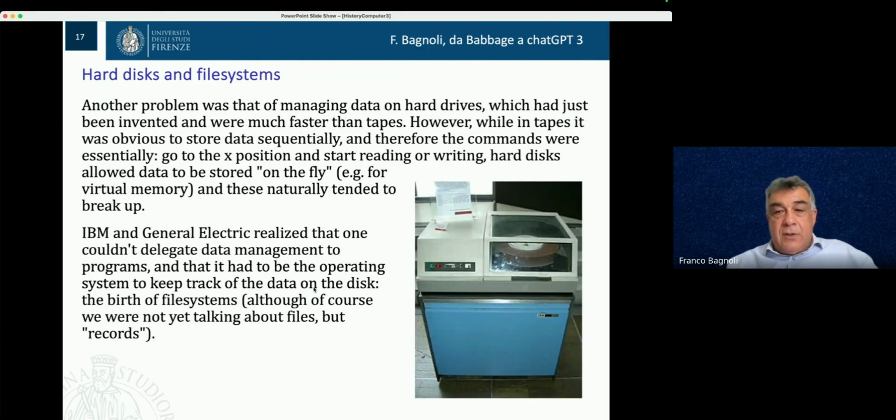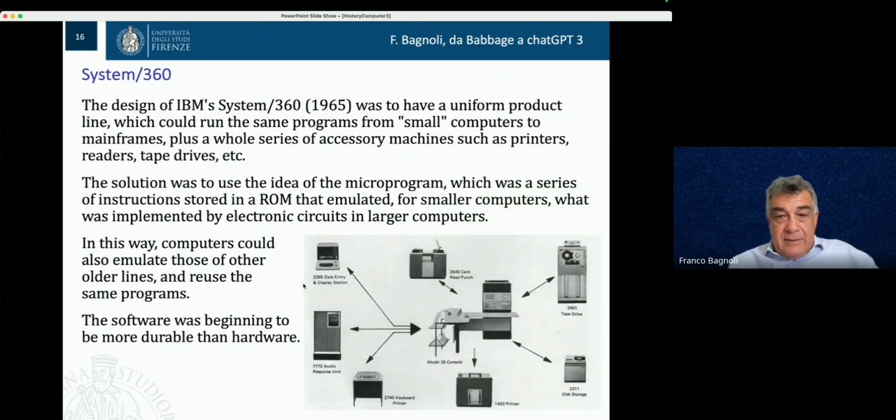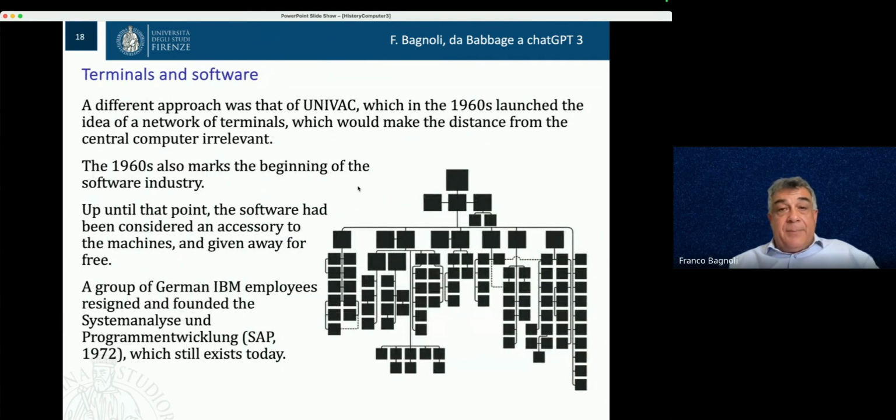So no console. You can see here, this is data entry, but not a console for driving the system. The system is driven essentially using punched cards. A different approach was that of Univac, in which they introduced the idea of having terminals.